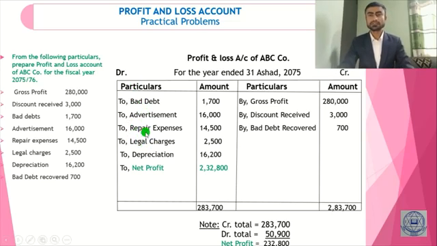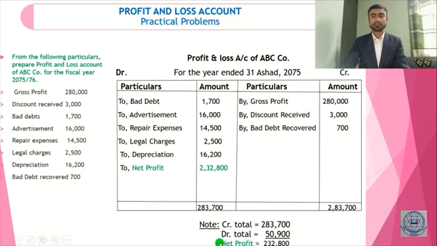Now, after writing all these items, we have to compare the debit total with the credit total. It will be very easy for calculation. So we have a credit total of 2,83,700 and a debit total of 50,900. This is the income, the credit total, and this is the expenses. Income is higher than expenses, so there will be a net profit.